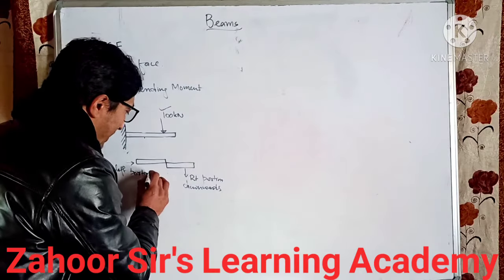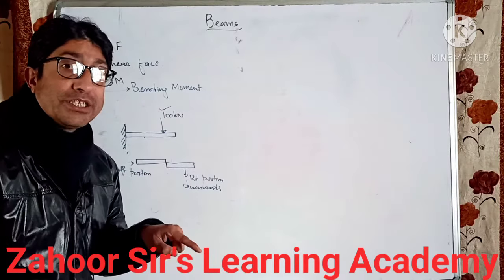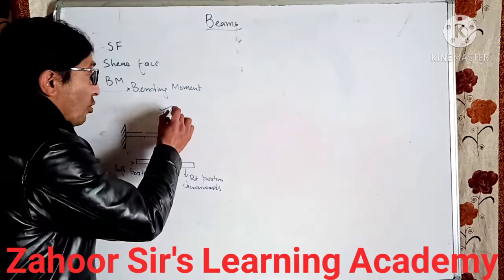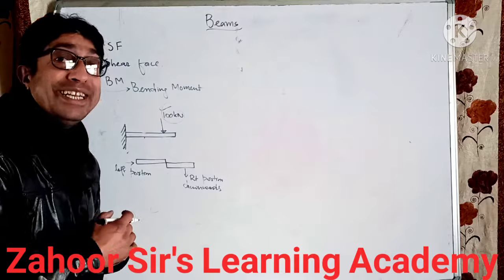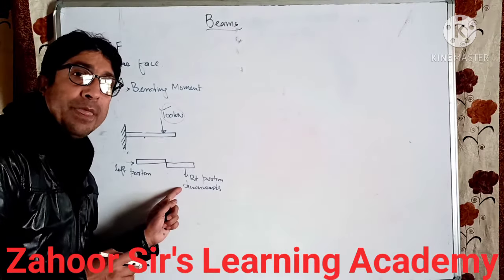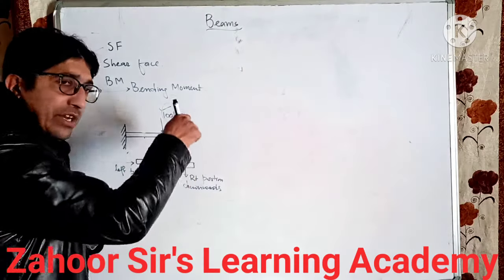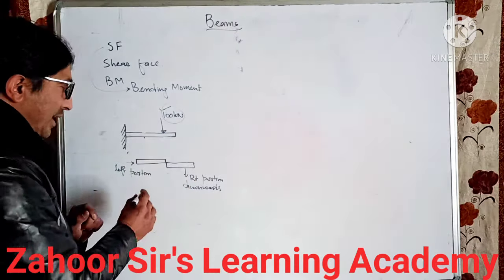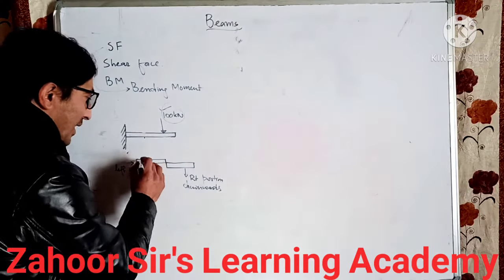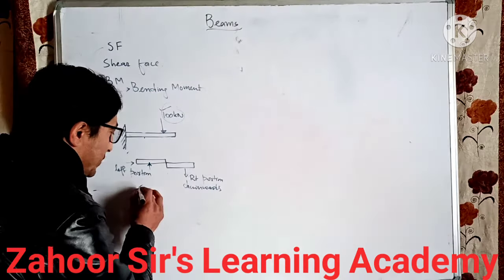So that is what the beam is not allowing, my dear students. This is not happening. This would have happened if the beam has not been designed properly. If this is the case, the right side will slide downwards and the left side remains at its own position.